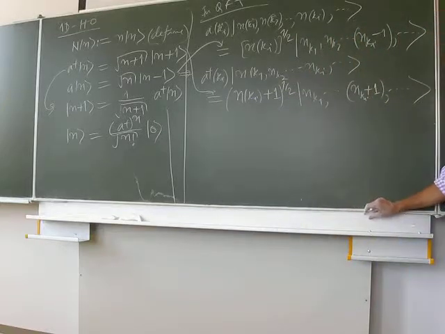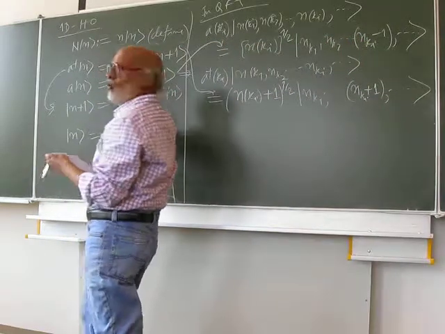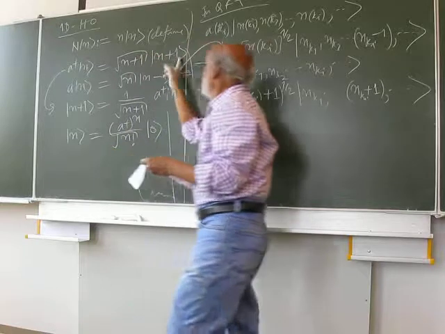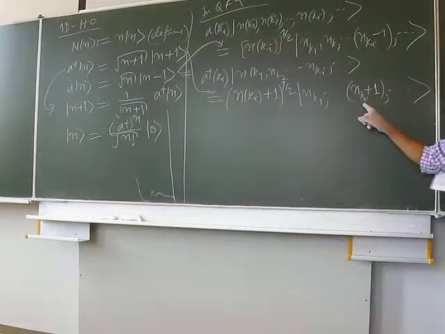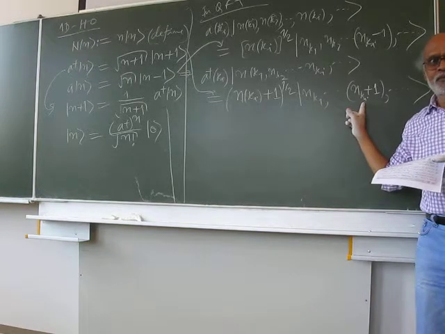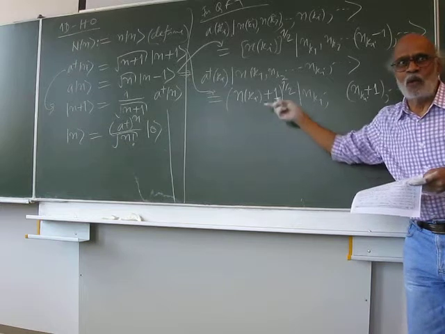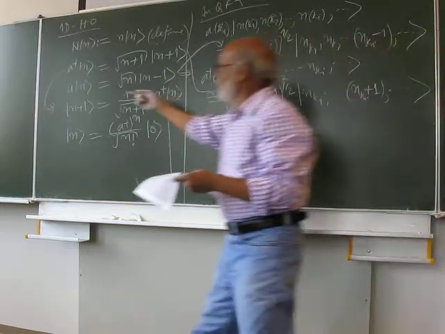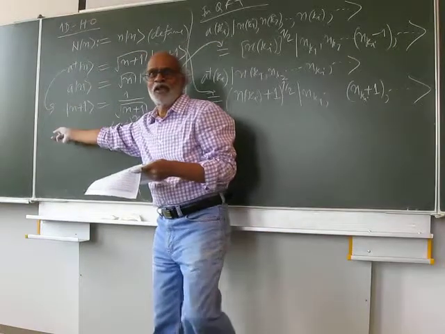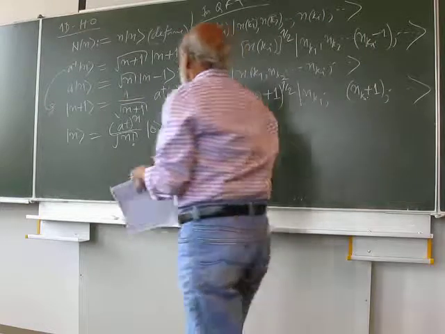Is this okay? It's the same thing that I have written here: a dagger on n is the square root of n plus 1, n plus 1. So a dagger of k_i increases this n_{k_i} by 1. If I am writing it for real scalar field theory or complex scalar field theory, this is how I would write it. But it's much easier for me to remember it. I usually remember things in quantum mechanics, and by analogy you can always write it for field theory.